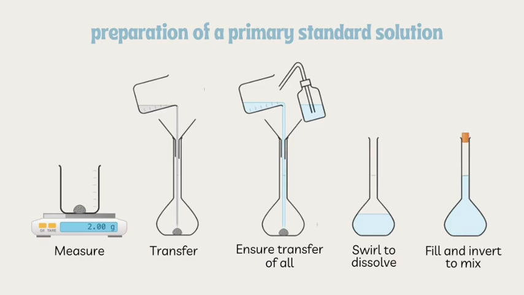We make sure that every single little particle transfers over from whatever we weighed it out into the flask. We dissolve that salt, and then we fill it right up to the meniscus, and we invert it and swirl it around, making sure that we have got the whole mixture to be quite homogeneous.